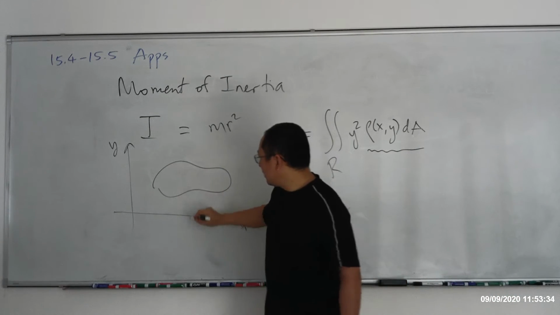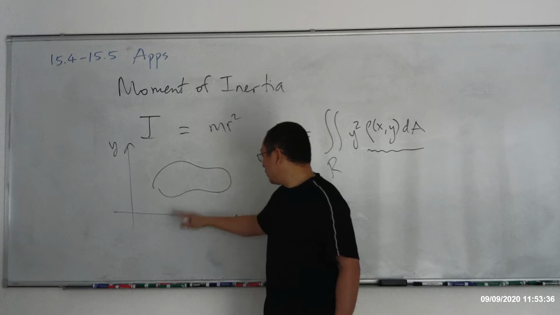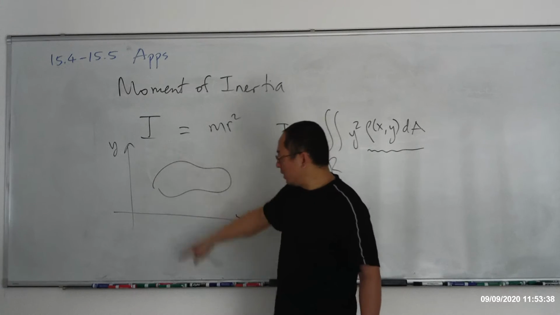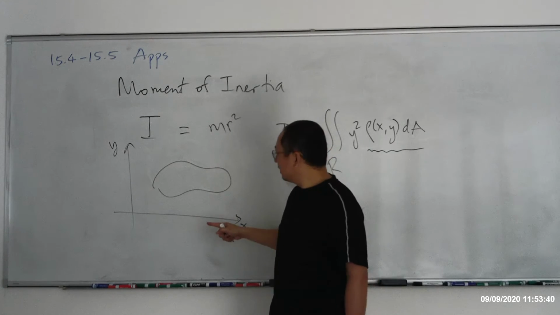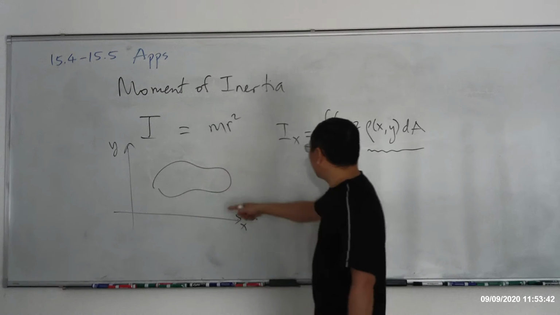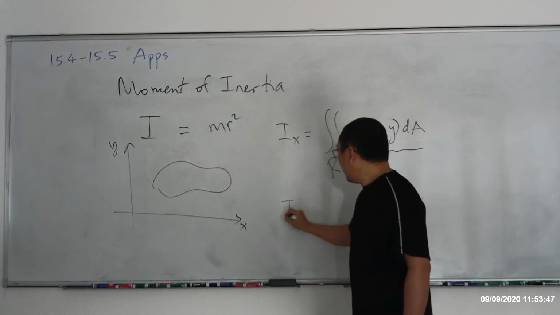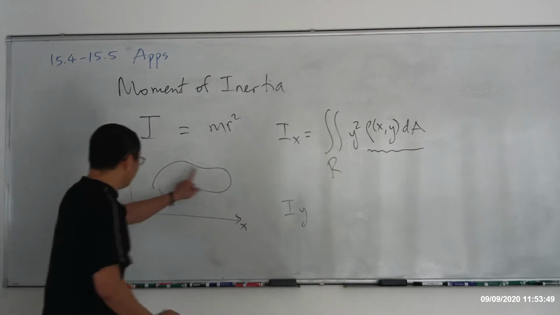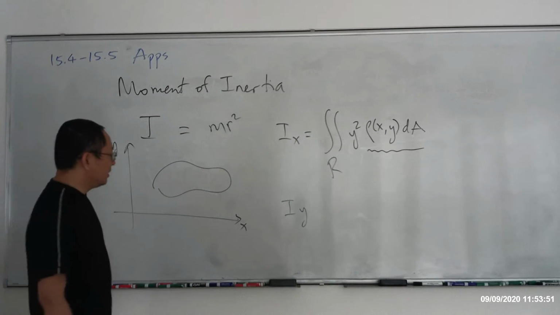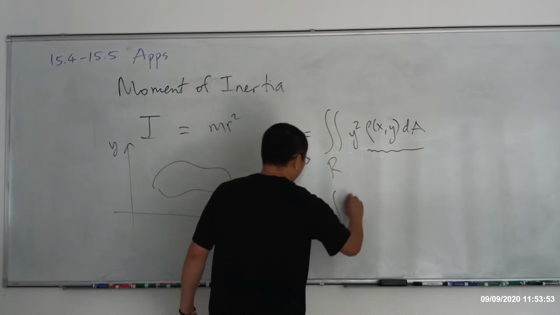We talk about x, right? So this is the axis of rotation, the x-axis, and that object is rotating around the x-axis. We talked about the inertia around the x-axis, I_x. Similarly, I_y, now the object is rotating about the y-axis, is a double integral.